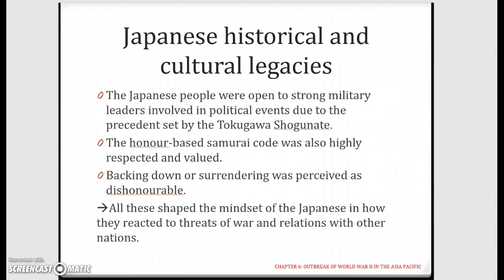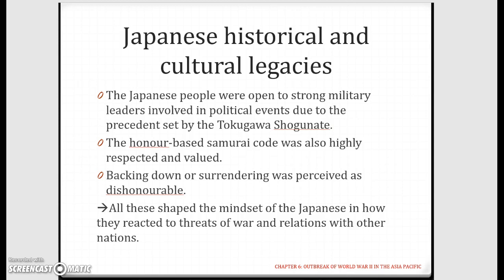Okay, the history and cultural legacies is something that I've touched on a bit previously. They were open to strong military leaders because of the samurai. Okay, not just the Tokugawa shogunate. The Tokugawa shogunate were a very strong samurai family who were in charge of Japan for some time because they managed to make Japan one again.